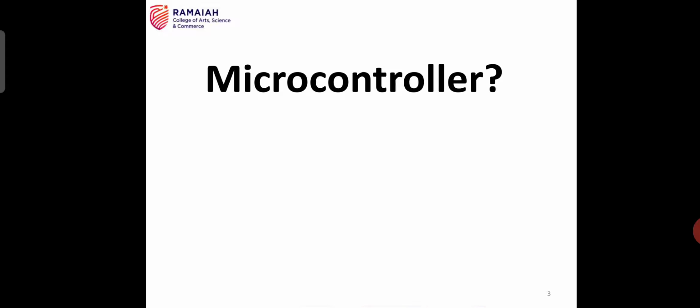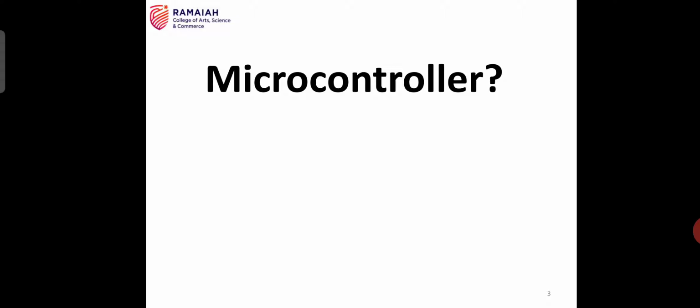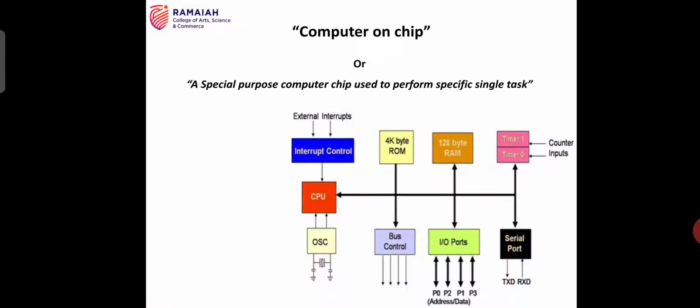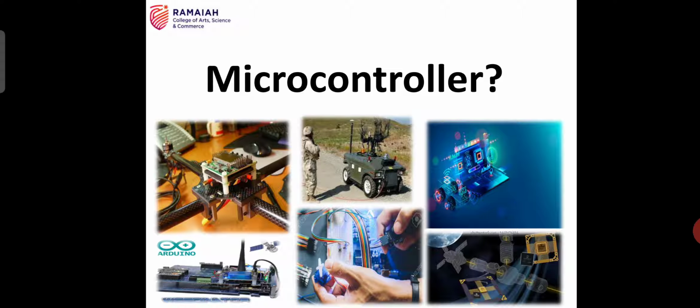So what is a microcontroller? In order to learn this, we have to recall some concepts of microprocessor. What is a microprocessor? As we know, it is a VLSI chip.